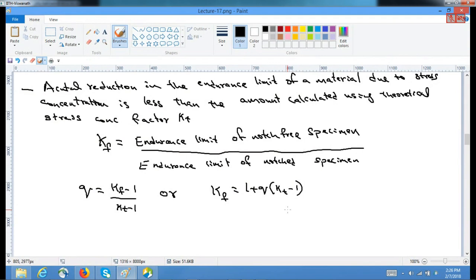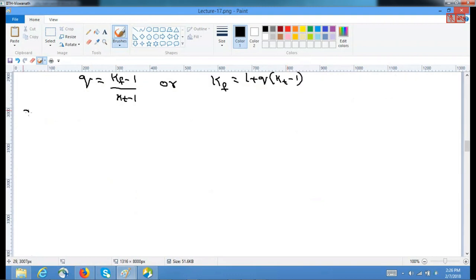Okay, and so now if we have to correct the endurance limit, there are several things that have to be accounted for, not just the Kf. So we will deal with how to correct the endurance limit. Let us rewrite again the corrected endurance limit.